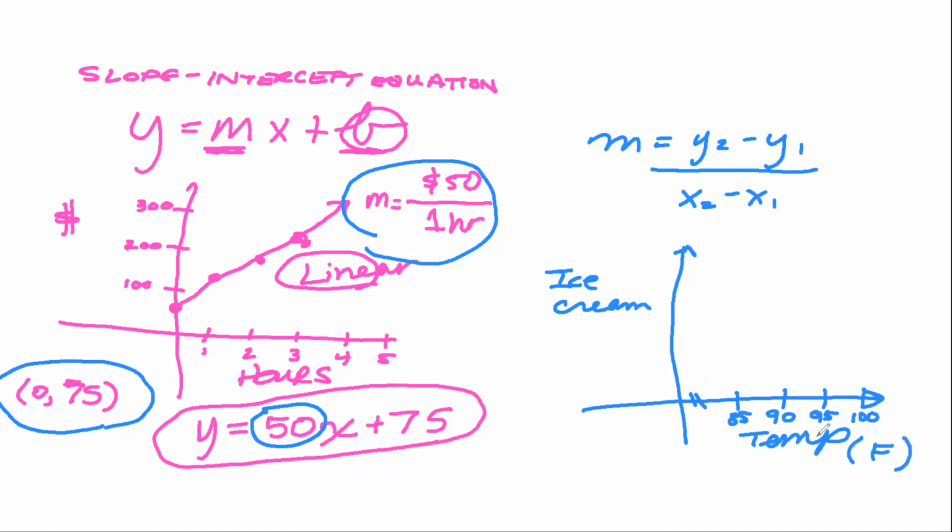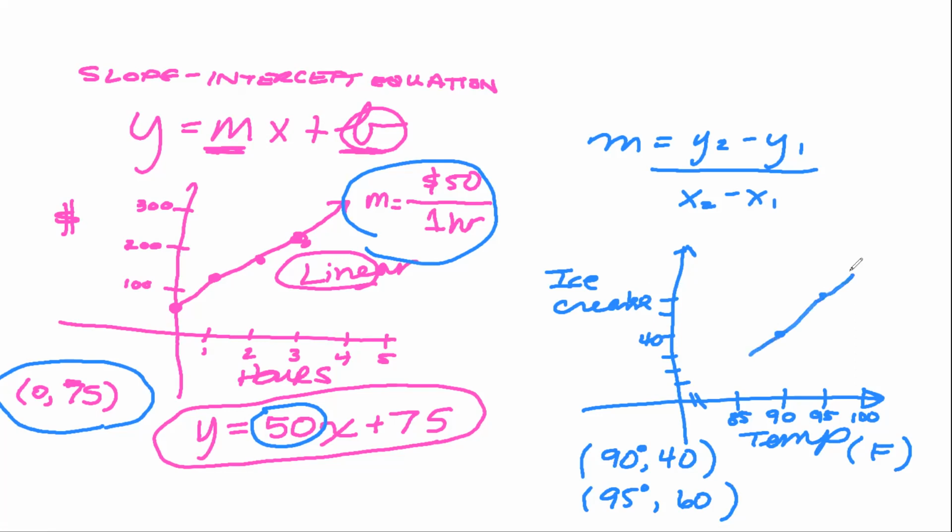And somebody tells us that at 90 degrees, you're selling 40 ice cream pieces, and at 95 degrees, the person in the store was selling 60 ice cream pieces. So 10, 20, 30, 40, 50, 60. So over here at 90, we were selling 40, and at 95, we were selling 60.